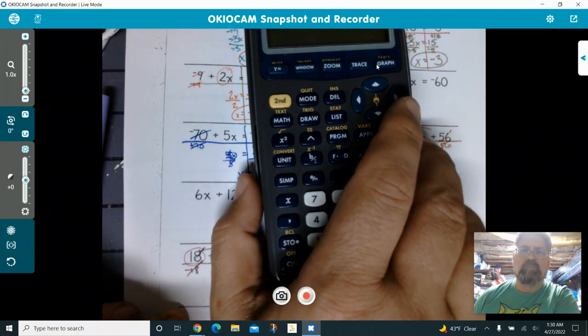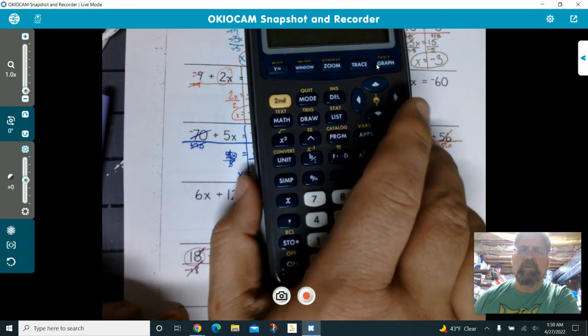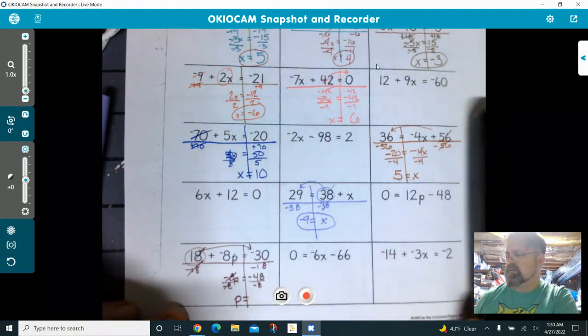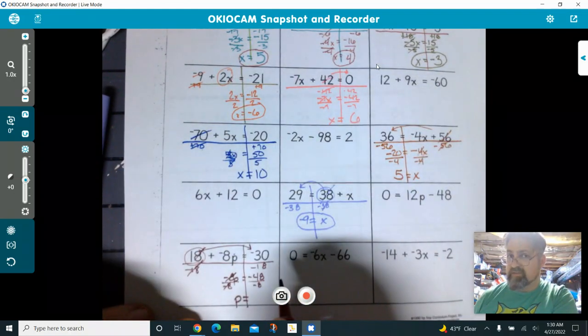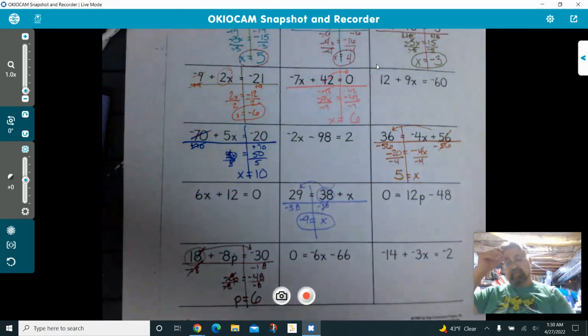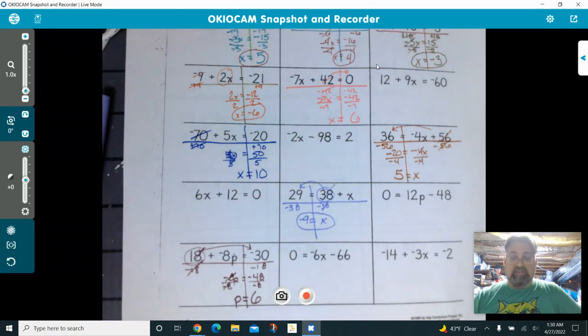Who says 8? Who says 6? Okay, 6. Whoever said 6, good job. Whoever said something else, hey, I'm proud of you for guessing. P equals 6. That's our answer.